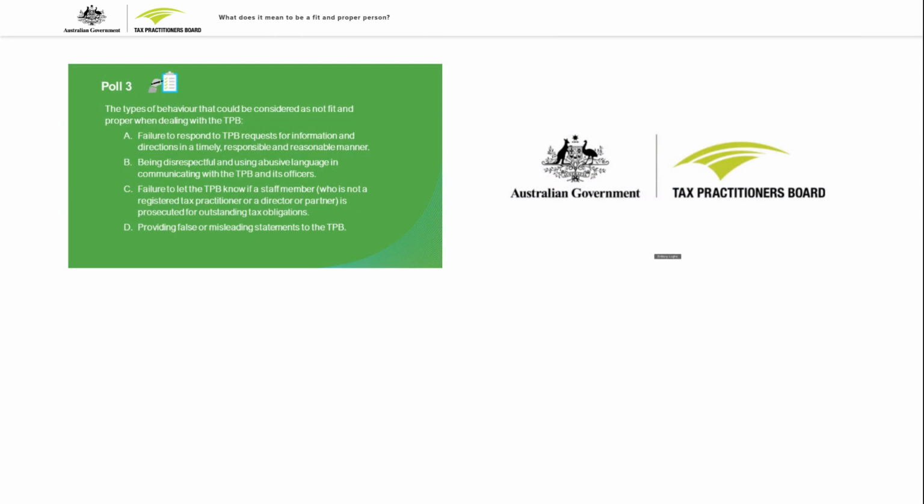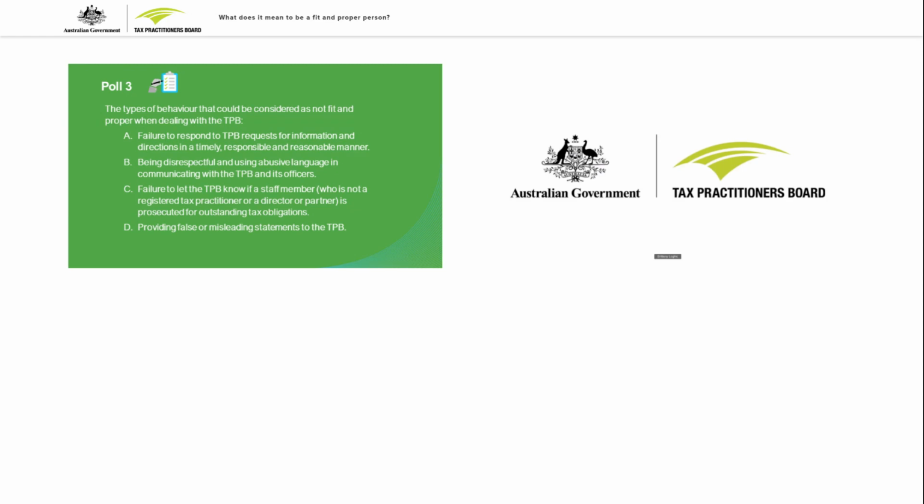We're having a look here at this poll, and we're asking the types of behaviour that could be considered as not fit and proper when dealing with the TPB. The first option is failure to respond to TPB's requests for information and directions in a timely, responsible and reasonable manner.